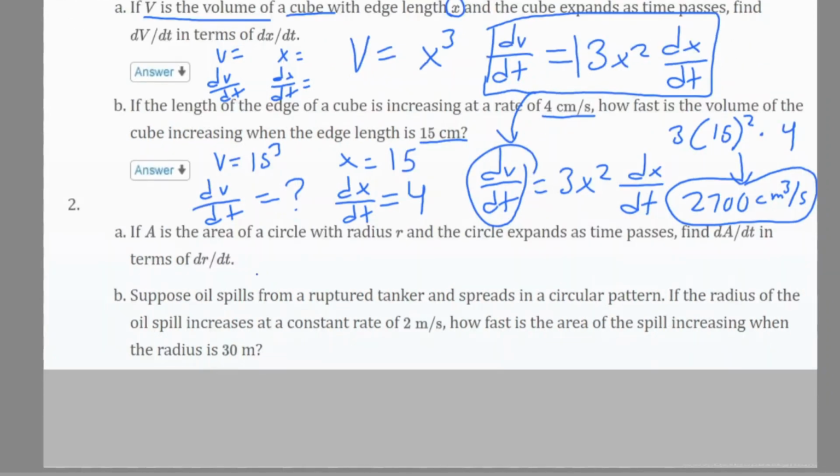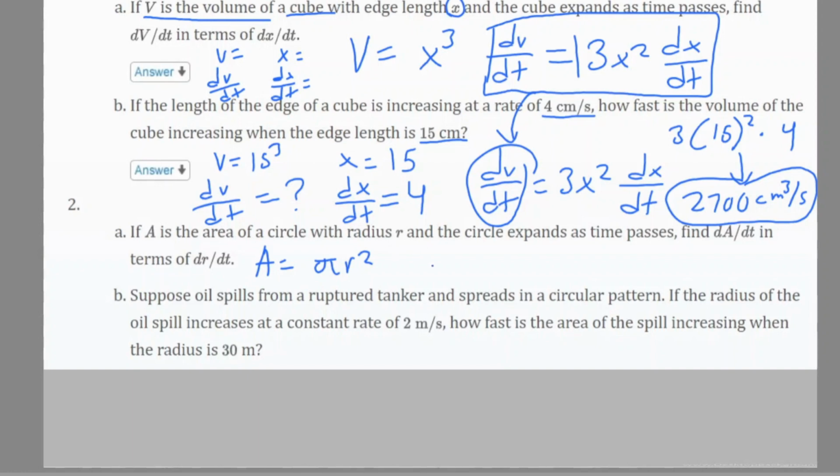Number 2 is essentially the same thing for A. A is the area of a circle with radius r, and the circle expands as time passes. Find dA/dt in terms of dr/dt. So our area of a circle, if you remember, is A equals pi r squared. Now all we need to do is find the derivative of this.